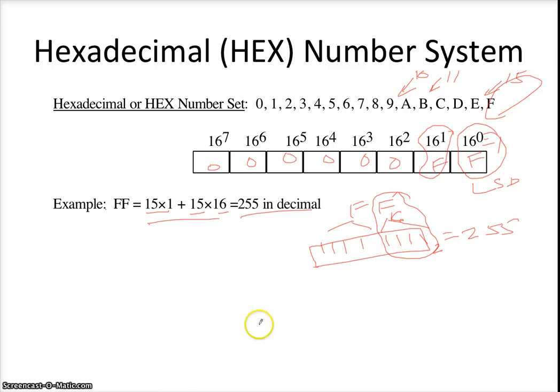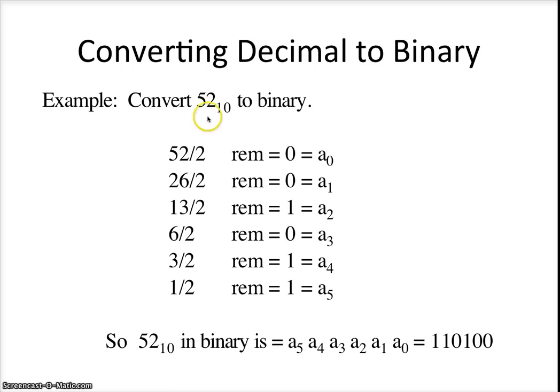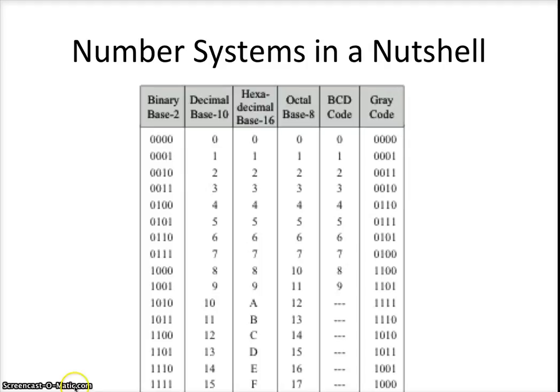So how's that done? The way that's done is through this number system. It's a number system in a nutshell. You got the binary basis right over here on the left-hand column, base 2, and then you got your decimal base.